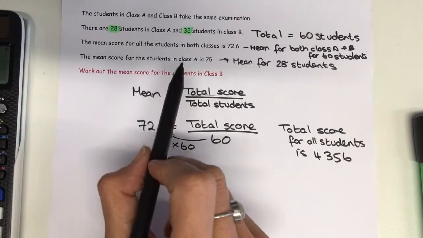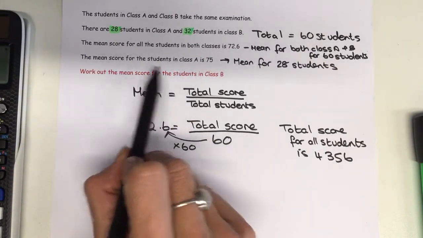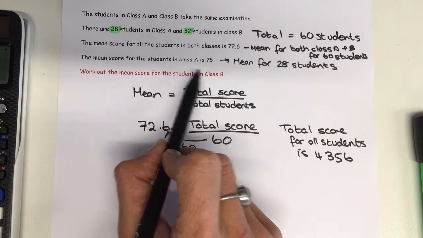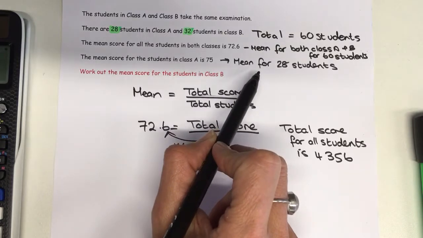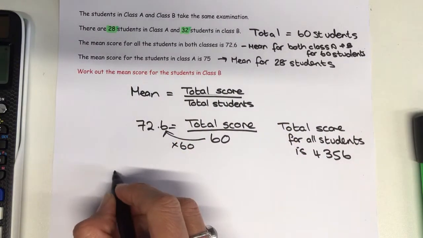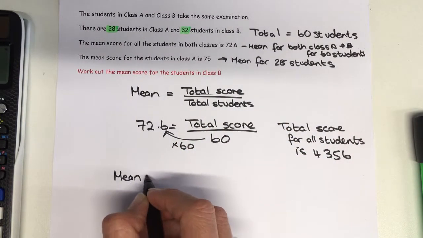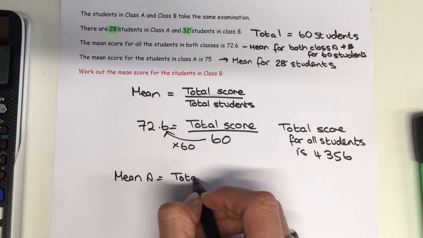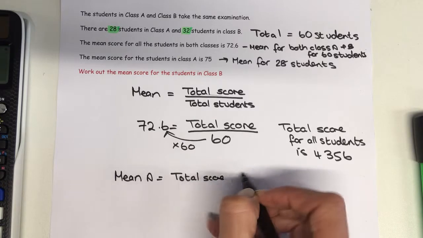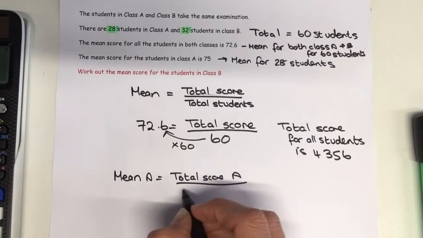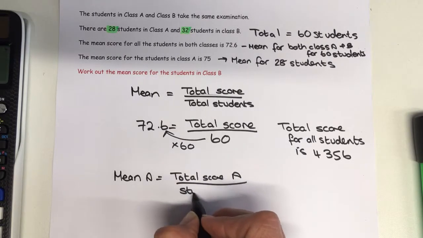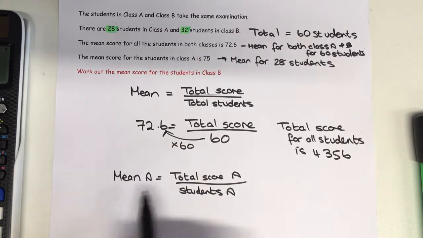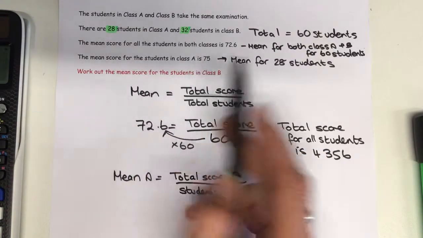Now we need to do this. We need to apply the same to score for class A, because we know that the mean is 75 and we know there are 28 students. So the mean for A is the total score for A divided by the students in A. And the mean for A, it tells us here, is 75.